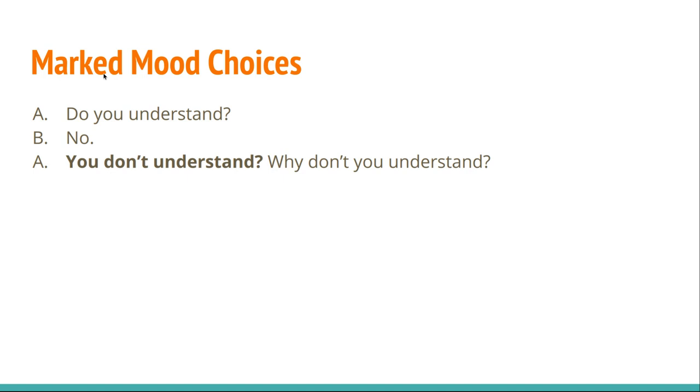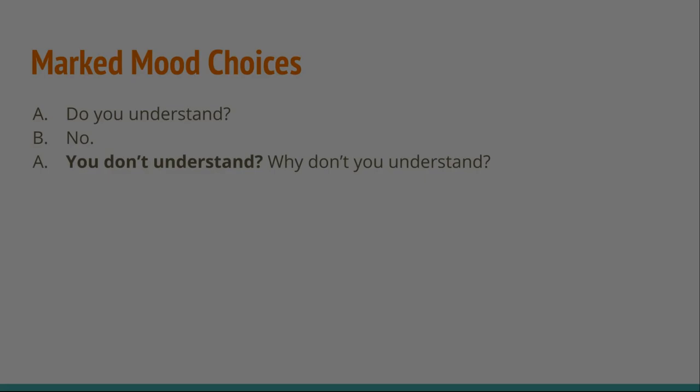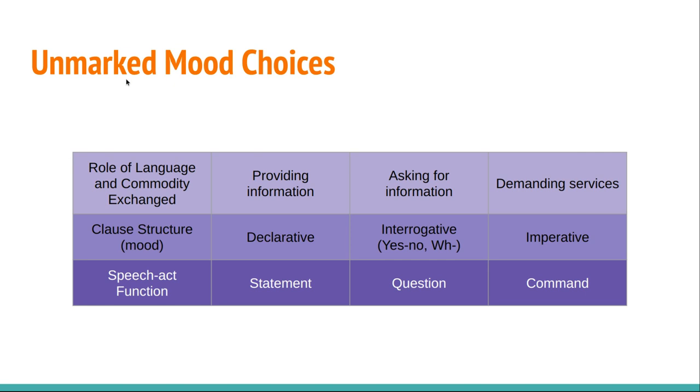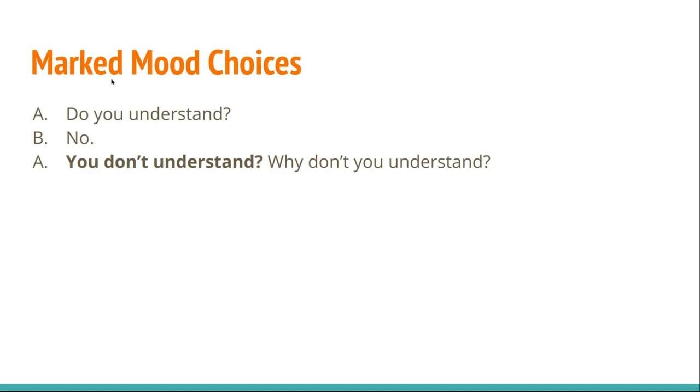Now, this is an example of a marked mood choice. If unmarked is the expected or default, marked, on the other hand, is something that is not as usual as the unmarked choice. It is not the default, not the expected. So, do you understand? No, you don't understand? Why don't you understand?